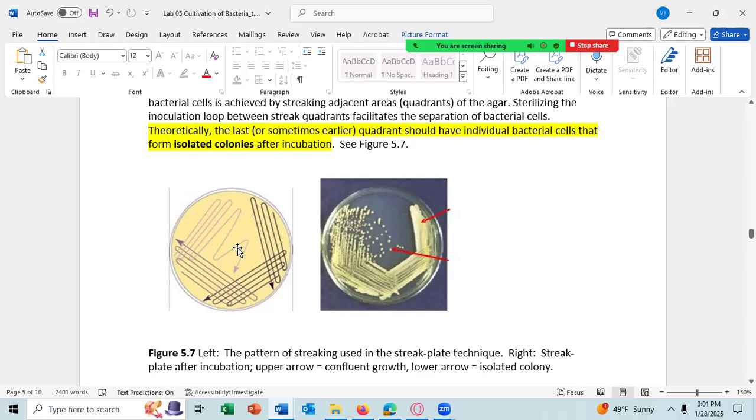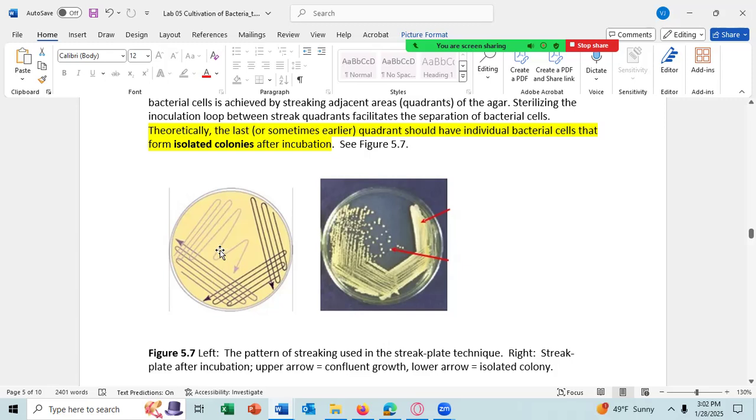Now remember, to get a pure culture, you take from an isolated colony in this plate and streak it out again on a second plate to get isolated colonies. And when you get a second plate having isolated colonies, you take cells from one colony to set up your stock culture.